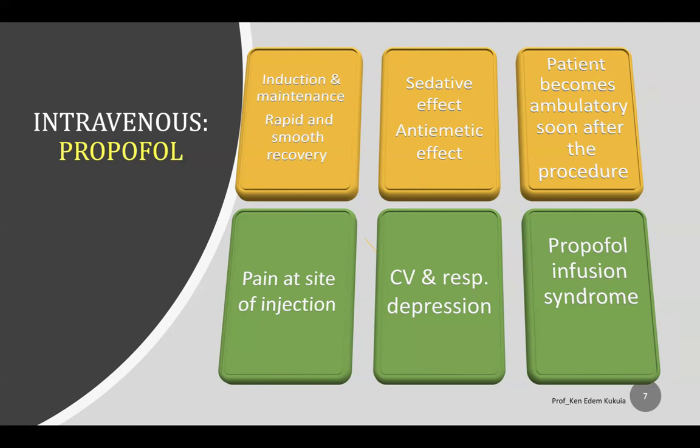Two, it has the tendency to produce a rapid and smooth recovery, so the patient doesn't normally have drug hangover after we've used propofol for the surgery. Third is the fact that it has a sedative effect, which allows us to use lower doses of sedative hypnotics whilst doing the surgery.